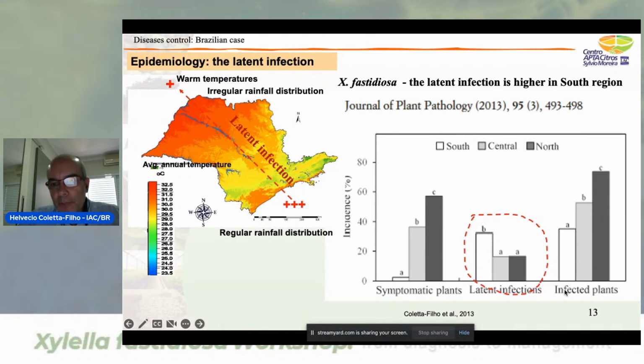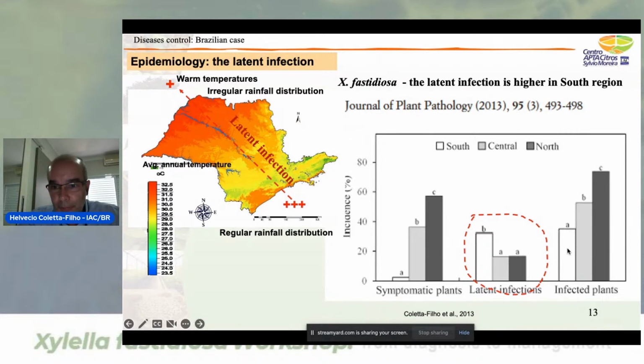So the number of infected plants, of course, is higher in the north.